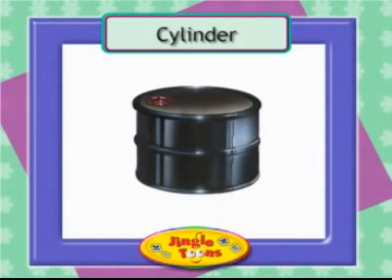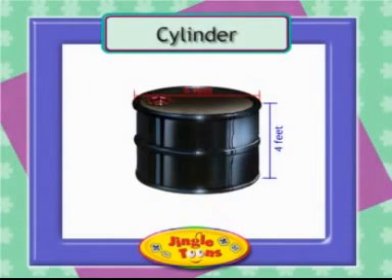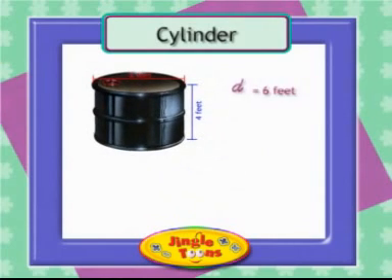Example: how much liquid can be stored in a barrel with height 4 feet and diameter 6 feet? Here we have D is equal to 6 feet, H is equal to 4 feet. As R is equal to D upon 2, the radius of the barrel is R is equal to 6 upon 2, which is R is equal to 3 feet.